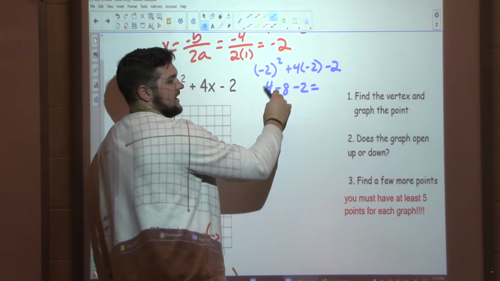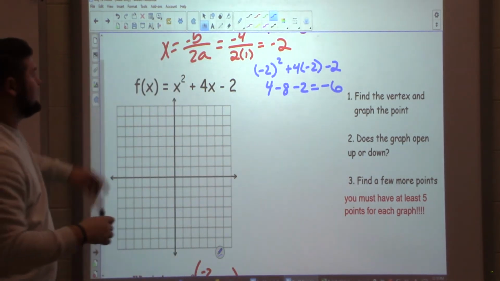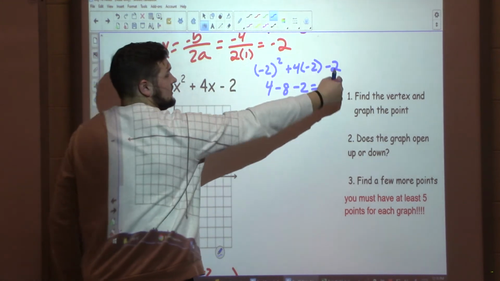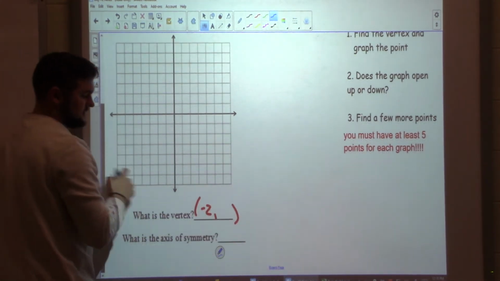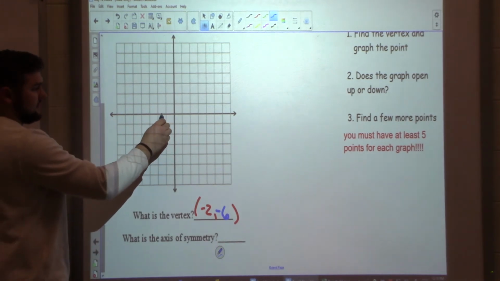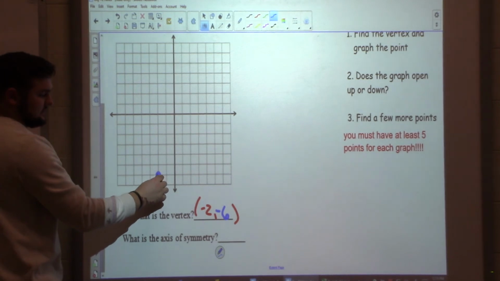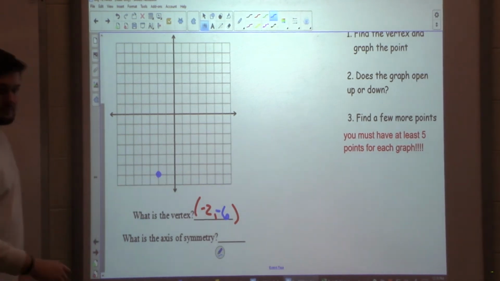If I add those together, I should get negative 6. So my vertex should be at negative 2, negative 6. So that is the first point I'm plotting. Negative 2, 1, 2, 3, 4, 5, negative 6. What is my axis of symmetry then?